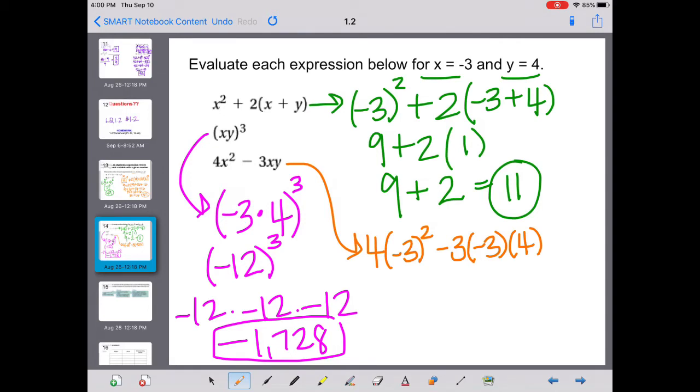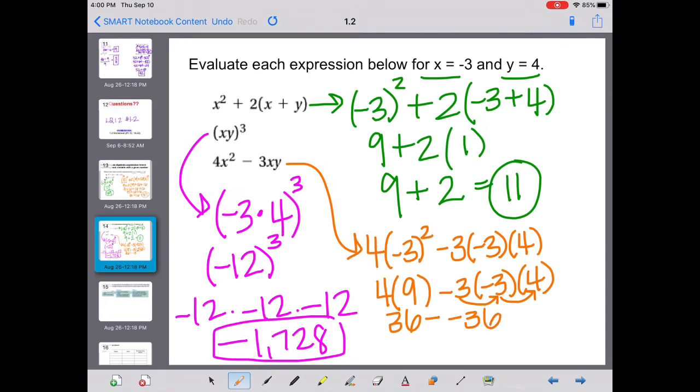Following order of operations, I would do my exponents first, giving me 4 times 9 minus a 3 times negative 3 times 4. Well, 4 times 9 is 36 minus 3 times negative 3 is negative 9 times 4, which is negative 36. In the middle here, I have minus a negative, which turns into one big plus, and 36 plus 36 is 72.